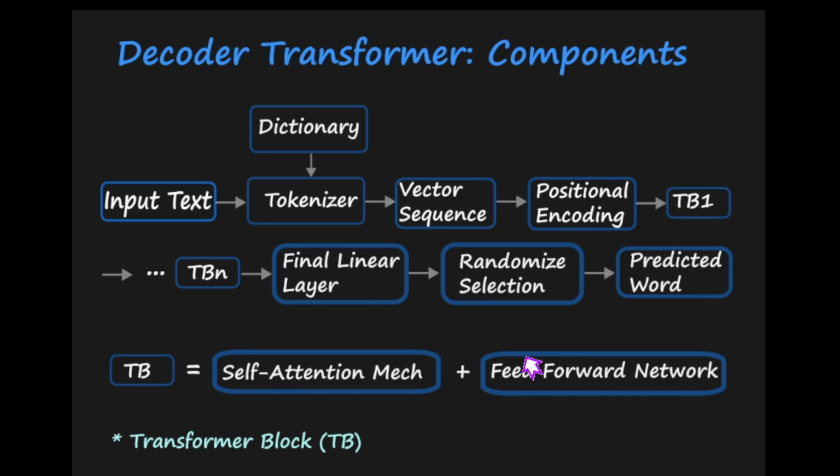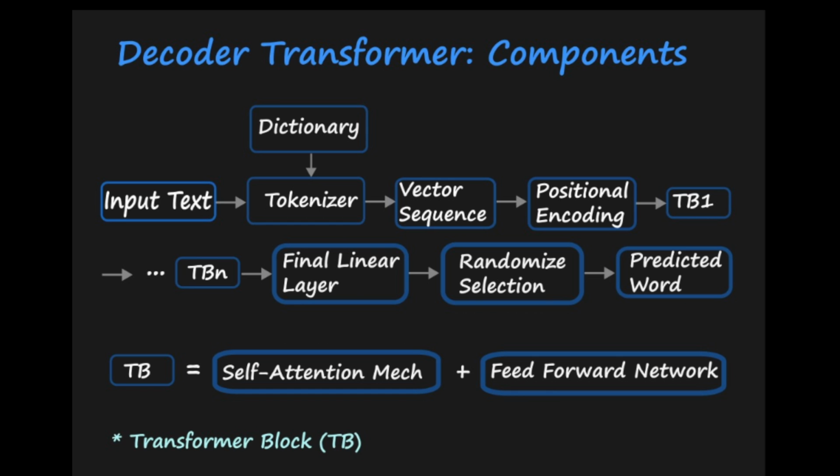Okay, now for the components flowchart. This is going to be the map we're going to follow. This is a flowchart, a pipeline of the decoder transformer's main components in inference mode. I will go through each of these components and use this flowchart as a guide through the tutorial.